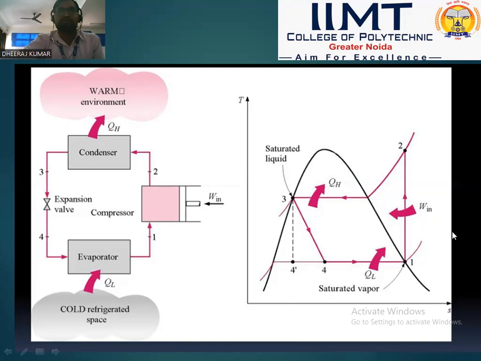During evaporation, heat is absorbed, and the refrigerant absorbs sensible and latent heat and is vaporized. After the end of the evaporator, the refrigerant is saturated vapor refrigerant. This cycle is repeated again.